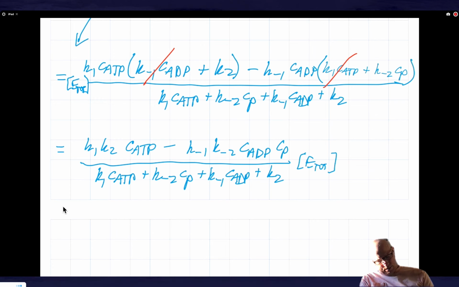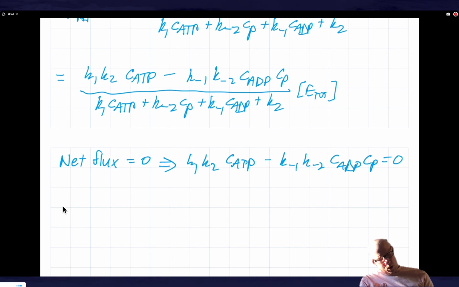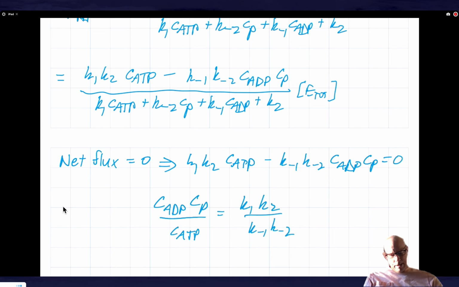Net flux 0 implies that this numerator is 0, which tells us that K1, K2, C ATP minus K minus 1, K minus 2, C ADP, CP is equal to 0. Or, said differently, I have that C ADP, CP over C ATP is equal to K1, K2 over K minus 1, K minus 2. Let's think about units for a moment.